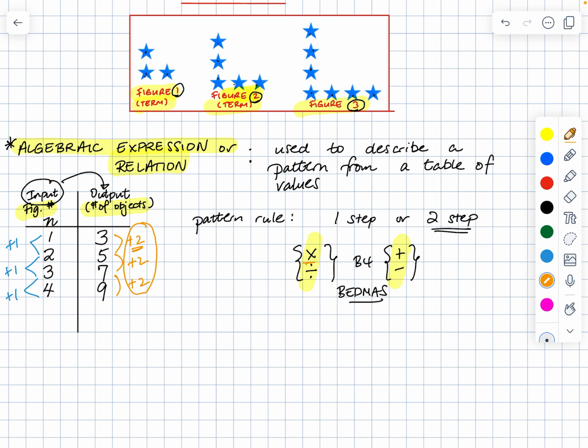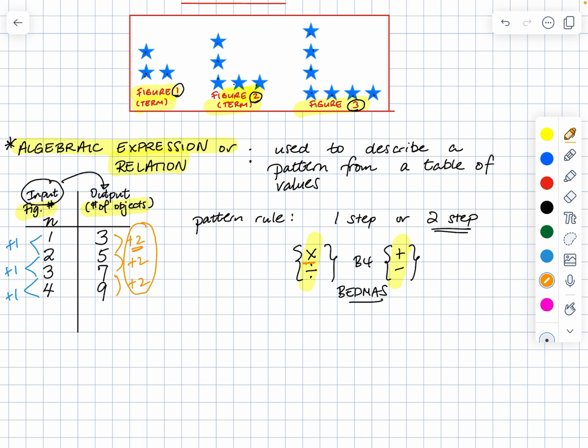Why is it multiplication and not division? Well, think about it again. If the output is significantly bigger than the input in all of these cases, then most likely that first operation will be multiplication and not division. In some examples, the first operation might be division, but in this case, we know it's multiplication.